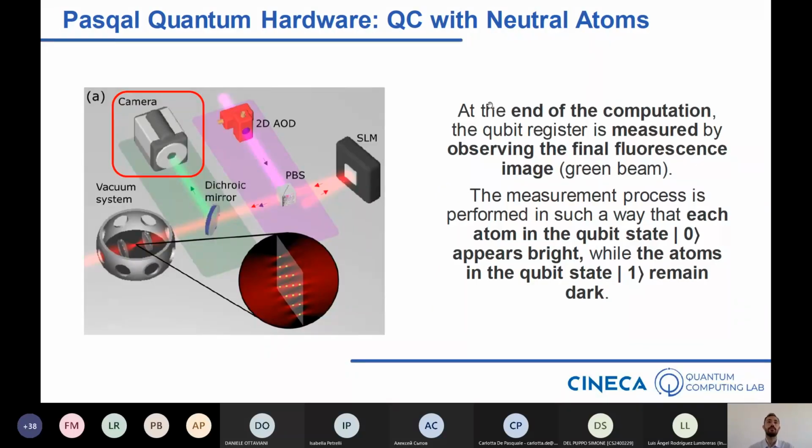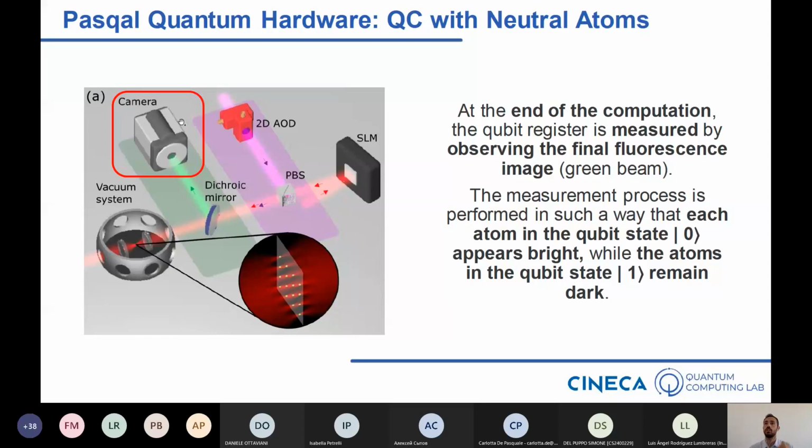The final part in every quantum device is the measurement. They have other lasers that are shined on the qubit register, and they observe the fluorescent image coming out. They have a camera that checks the image coming from the fluorescence of the atoms.